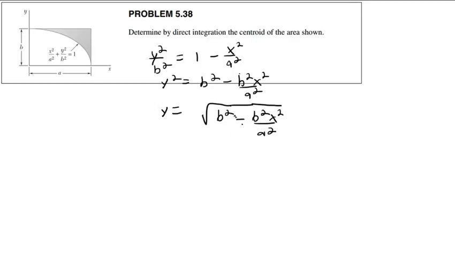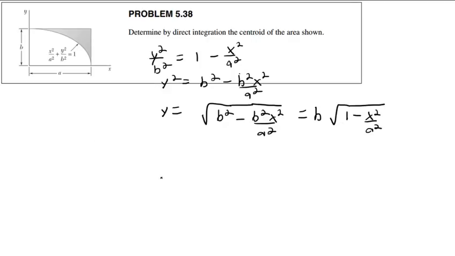And if I try to integrate this, I'm not going to have a good time, because there's not an x within here. Yes, you can't factor out the b squared from it. The b is just a constant. It doesn't really matter. It's just b times the square root of 1 minus x squared over a squared. The problem is the x squared. If there was an x out here, it'd be very easy to integrate.